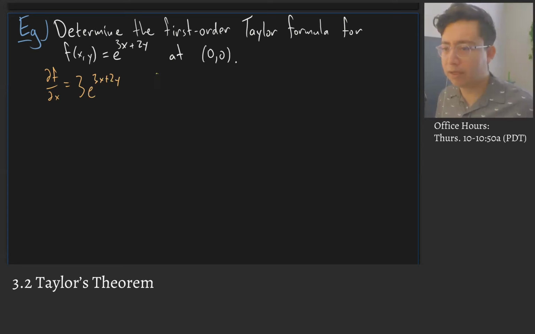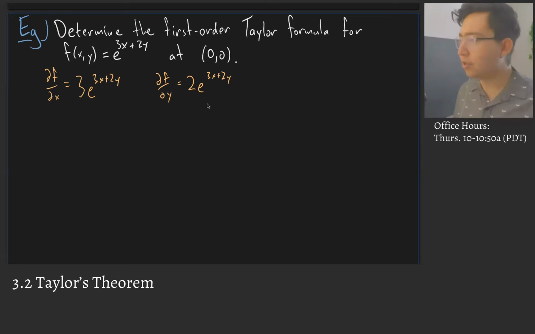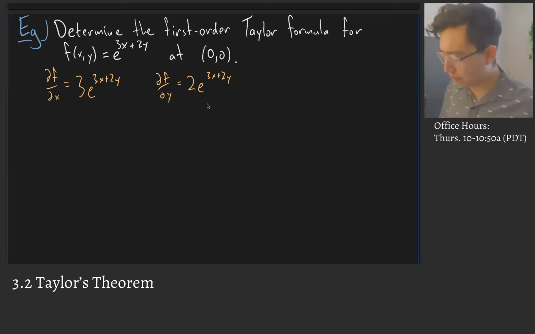And then df dy is going to be 2 times e to the 3x plus 2y. There's just a little chain rule there to get that.